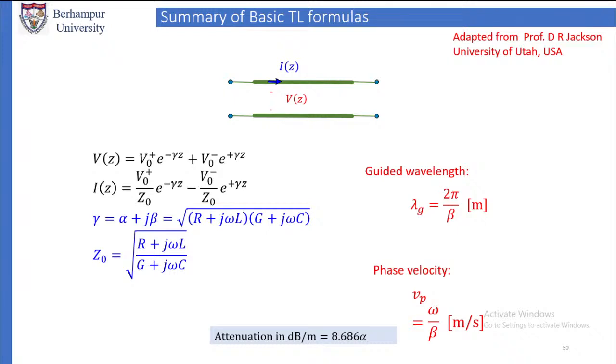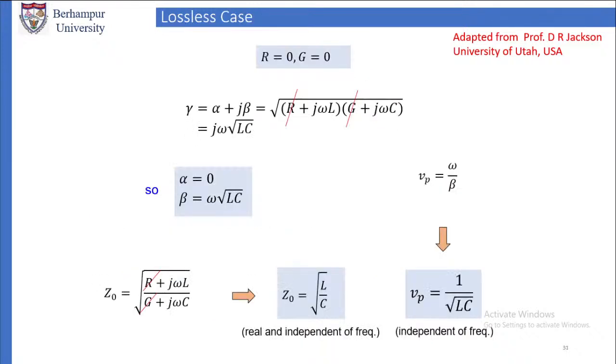Now we'll come to a special case, which is the lossless case. In the lossless case, in the electrical elements, there are two types of element. One is lossy element, one is power consuming element, where power is consumed, that is called lossy element. And one is power storing element, energy storing element, where power is not consumed, power is stored.